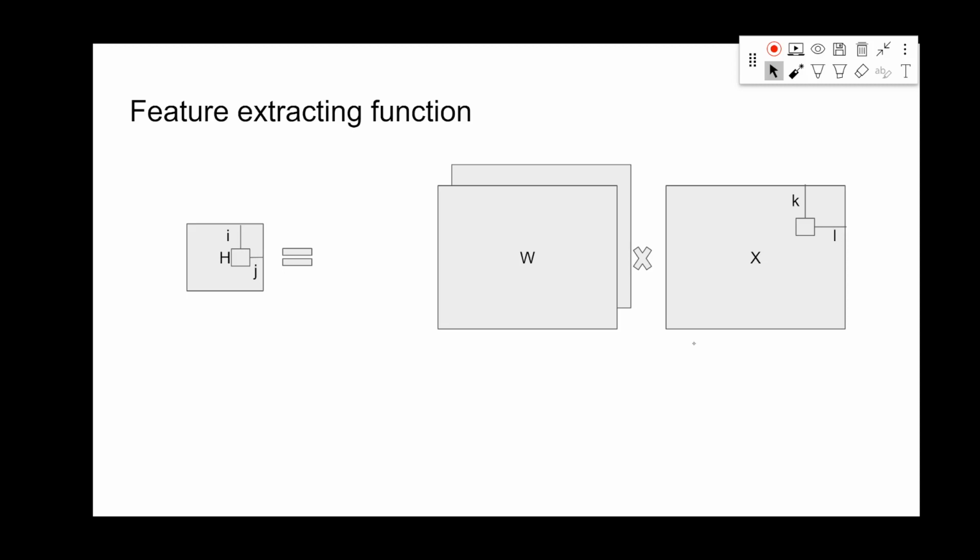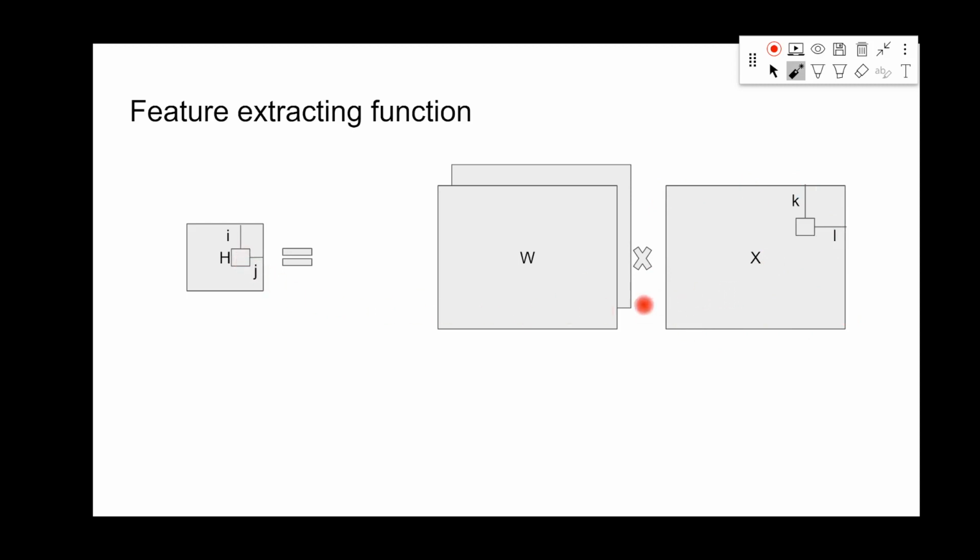For example, if X is a two-dimensional image, in order to calculate one output pixel at position I and J, we will use the AB pixels in X, using all those values to decide the value of this one.